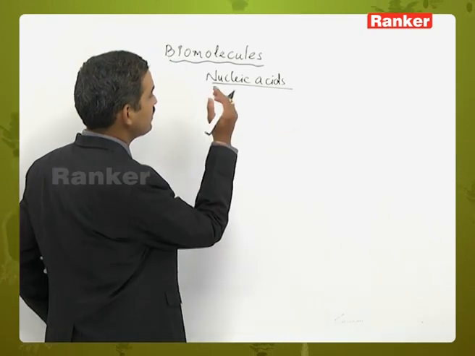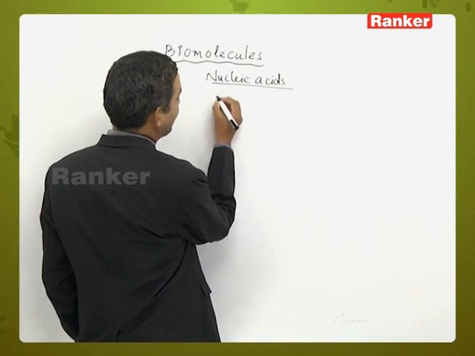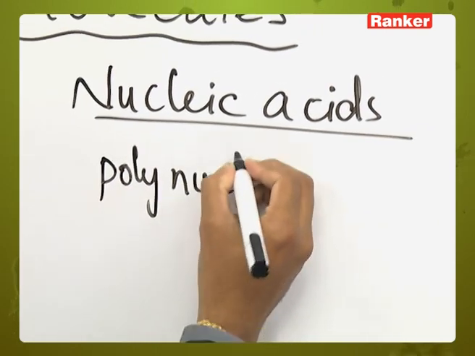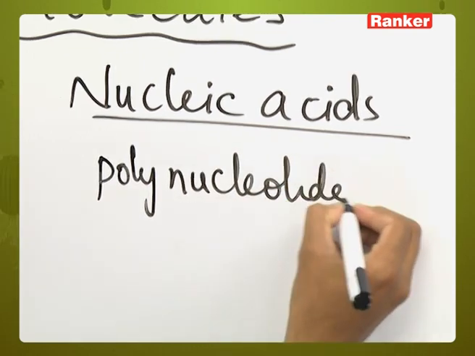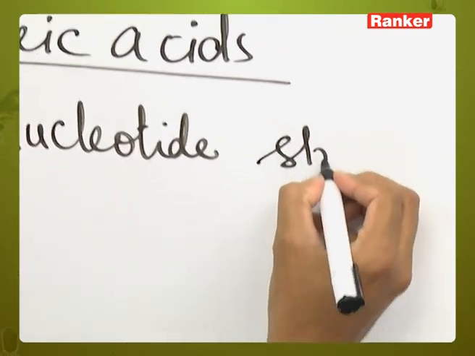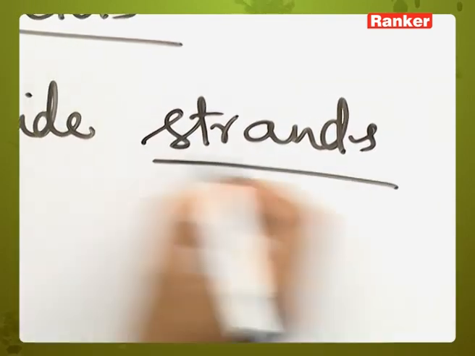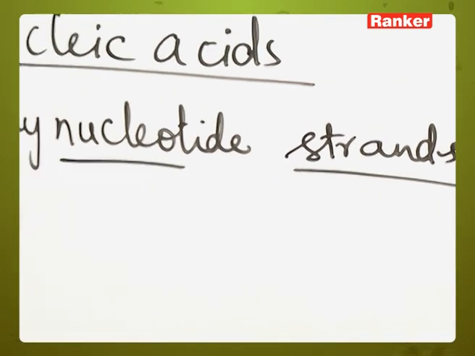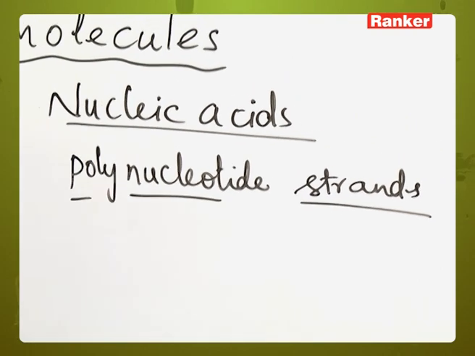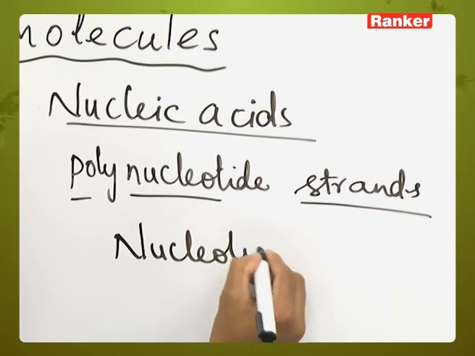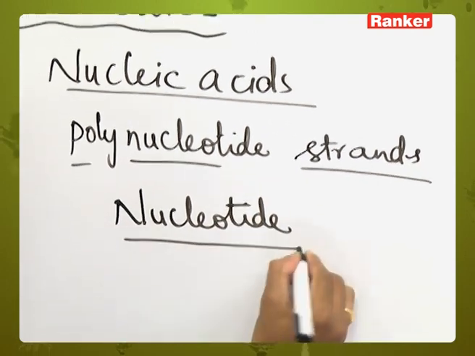So nucleic acids are made up of strands. We can call them polynucleotide strands. These polynucleotide strands contain nucleotides.